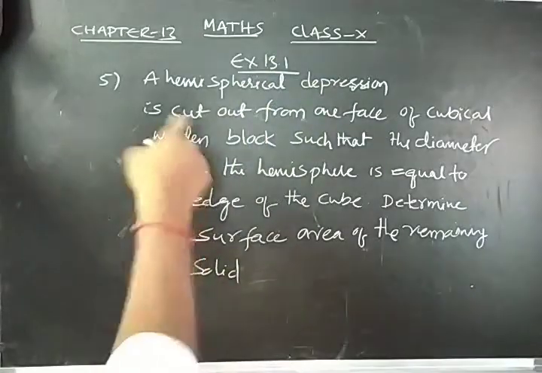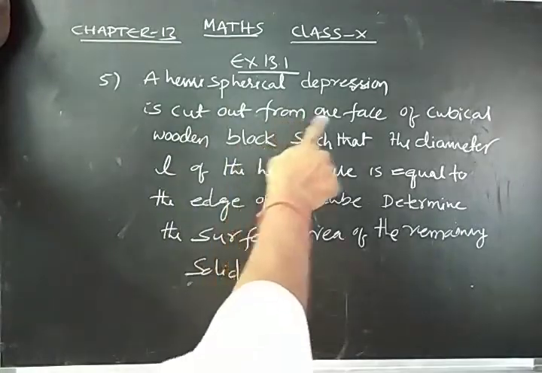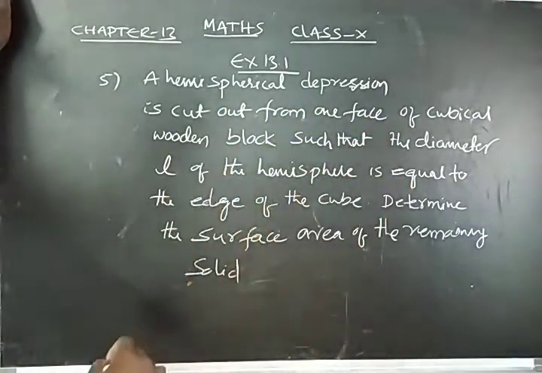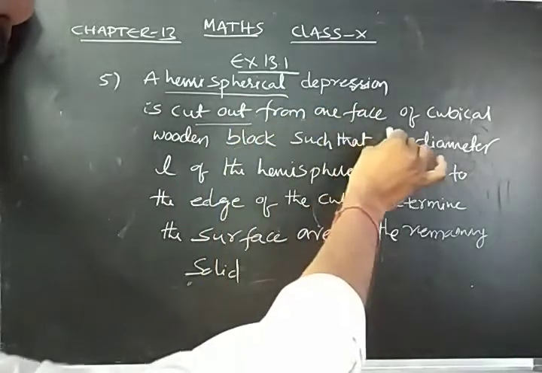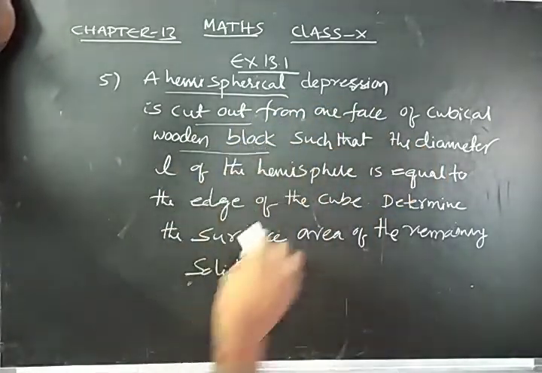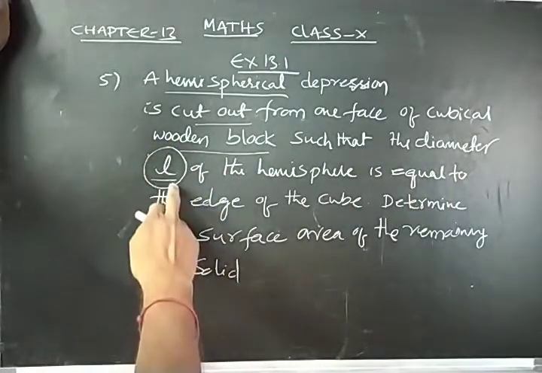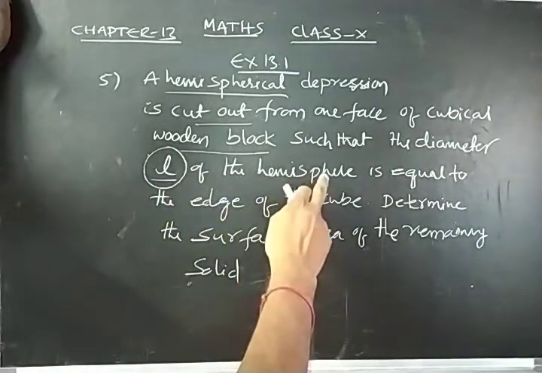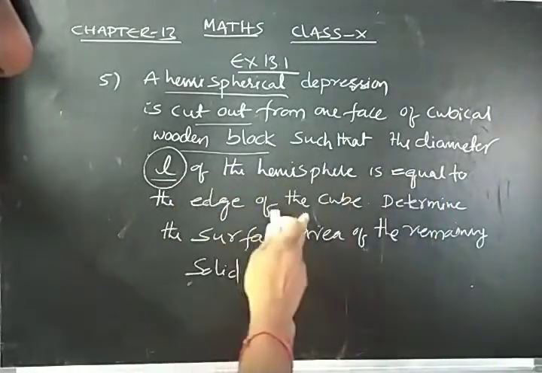Fifth problem. See what is given in the fifth problem. A hemispherical depression is cut out from one face of a cubical wooden block such that the diameter L of the hemisphere's base is equal to the edge of the cube.